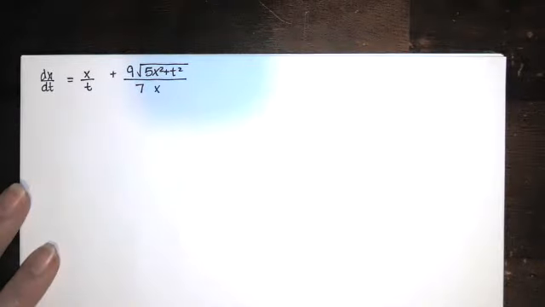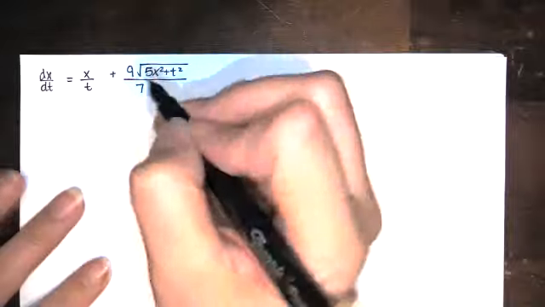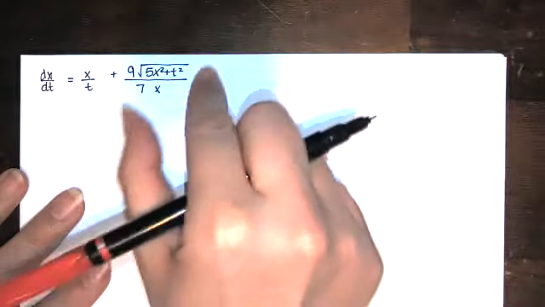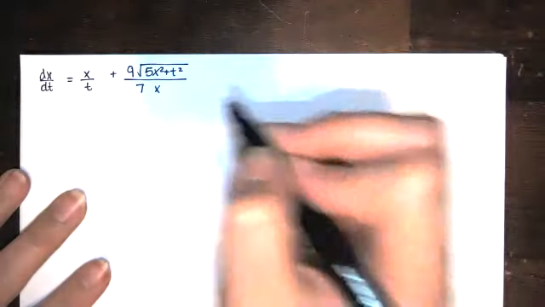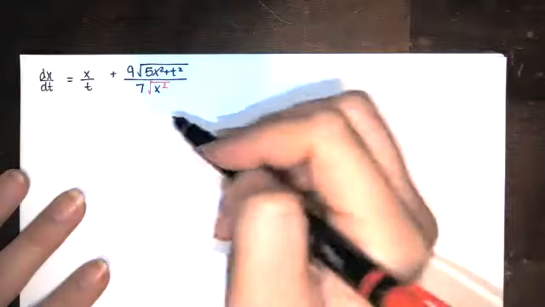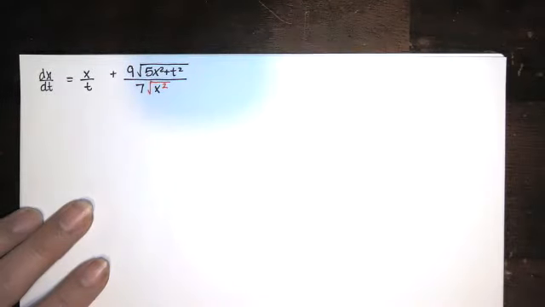I have 7 times x in the denominator, and I'm still trying to write this as a function of x over t. In order to do that, I'd like to write all of this under one radical. I can make that happen if I square the x and take the square root. That's equal to x as long as x is non-negative.